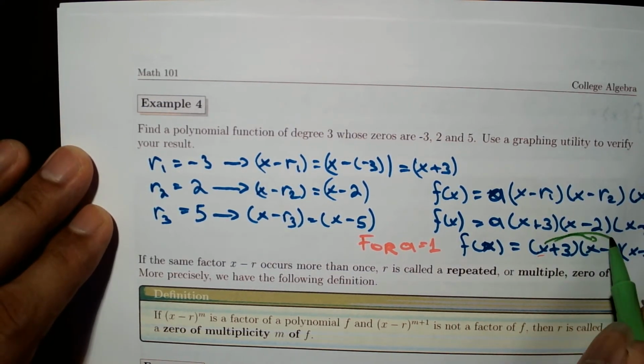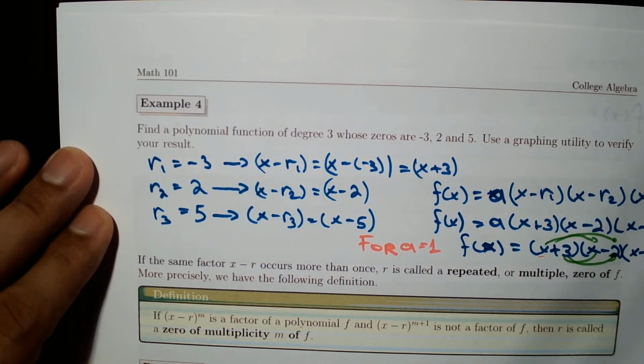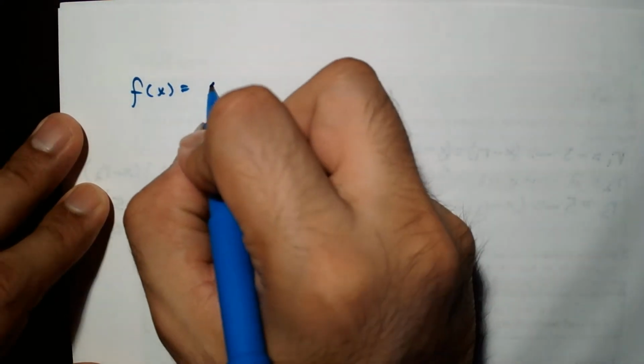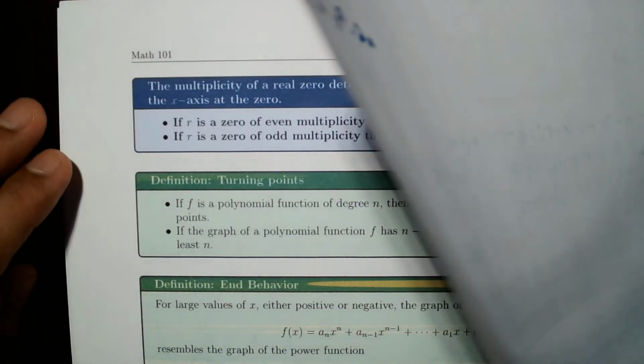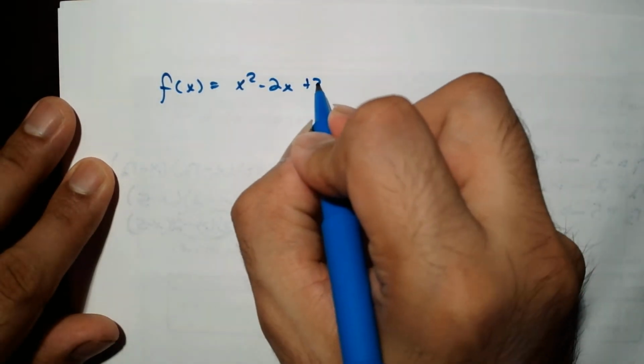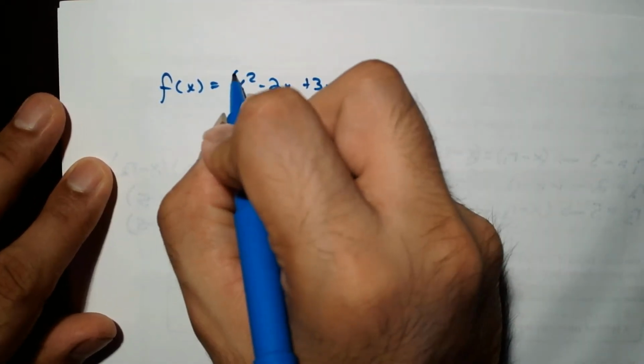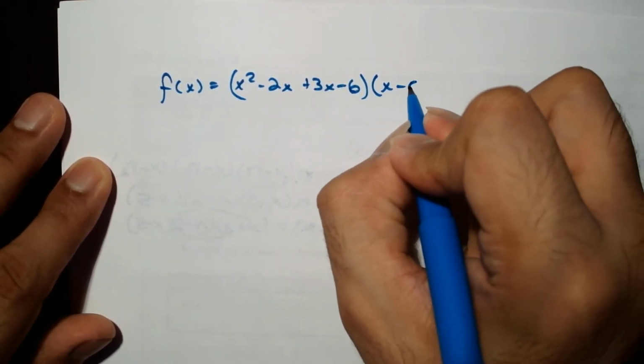X squared minus 2x, 3x minus 6. X squared minus 2x and what was it? 3x minus 6. And that times x minus 5.